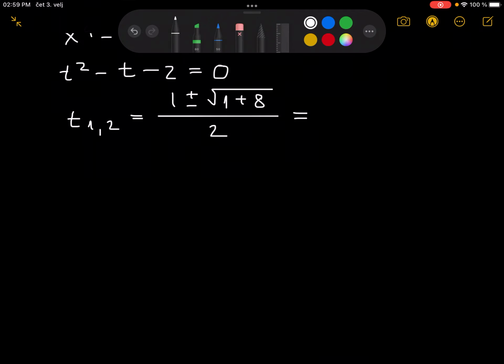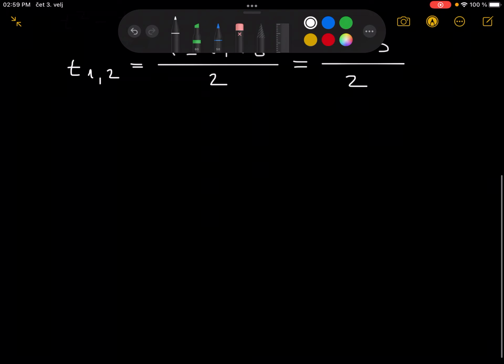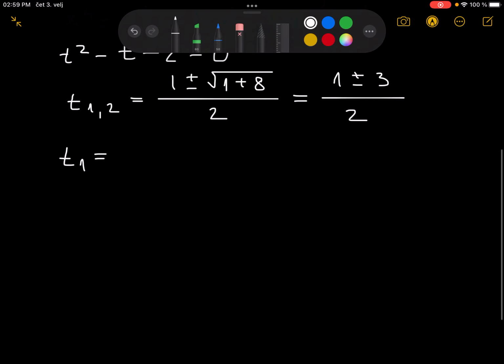So that is equal to 1 plus or minus 3 over 2. So t1 is equal to 1 minus 3, which is negative 2 over 2, which is the same as negative 1. And t2 is equal to 4 over 2, which is just 2.